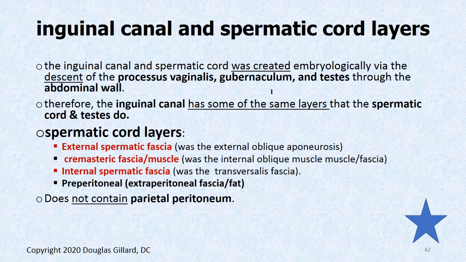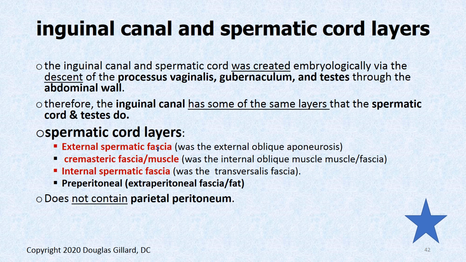Inguinal canal and spermatic cord layers. So the inguinal canal and the spermatic cord were created embryologically via the descent of all those players, the gubernaculum, processus vaginalis, and the testes, and they pulled right through the abdominal wall, and they took all those layers with them. And so you should know the layers of the spermatic cord.